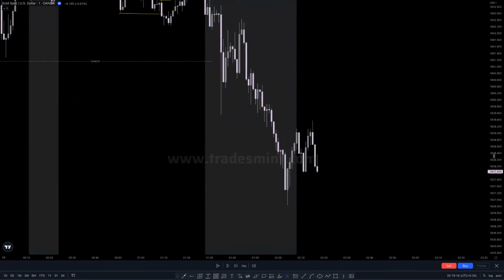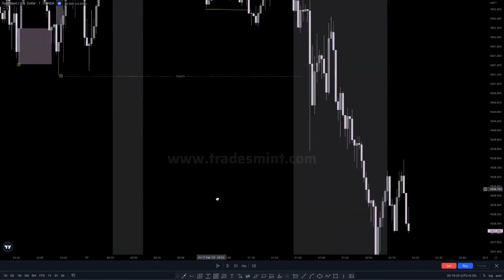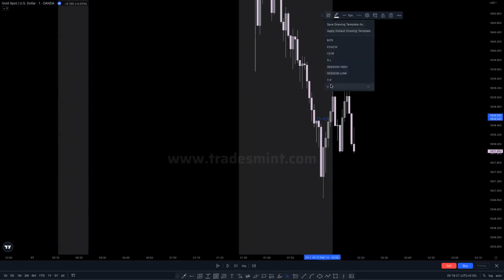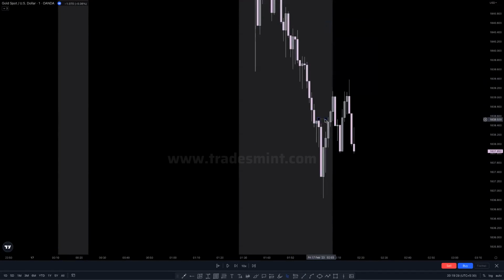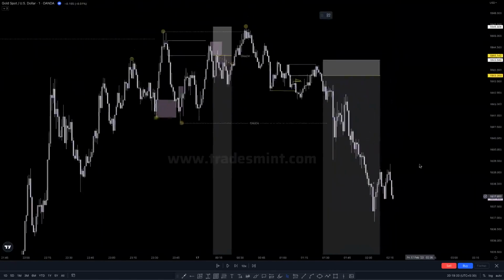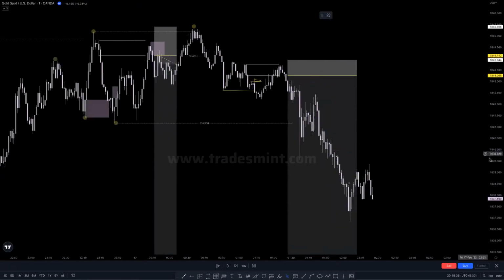Look at this one first. After this change of character, there is the inducement. In this case, this one is very tiny, but this is an inducement because this is a pullback. So when the market has taken out the inducement, you have to identify where our recent order block, the recent pullback, is.